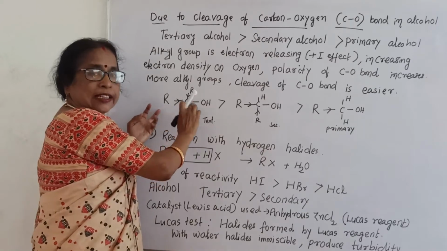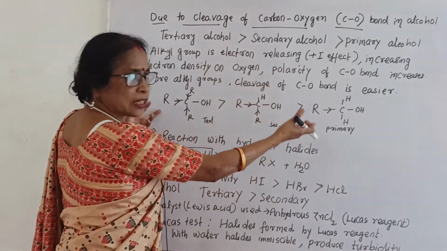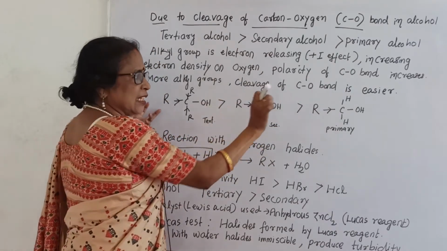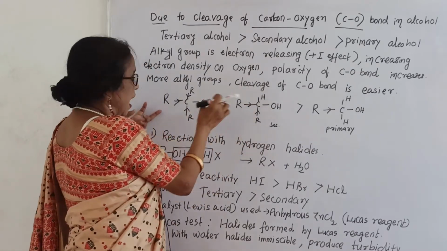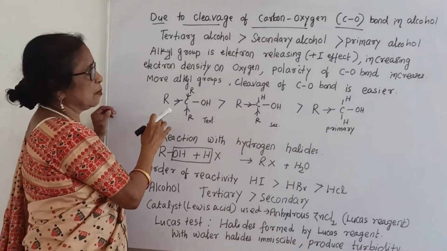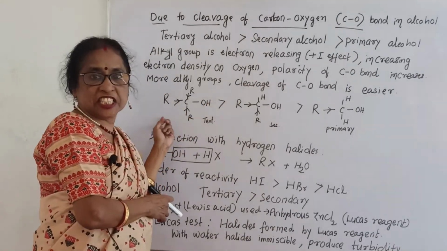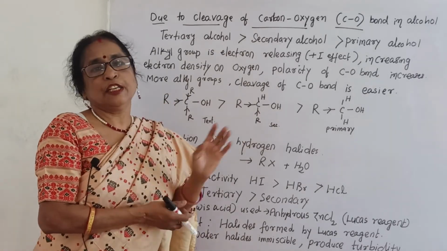That is why tertiary is more active than secondary, then primary. In primary there is only 1 R towards carbon, in secondary 2 alkyl groups, and here 3 alkyl groups towards carbon. That is why the cleavage of the carbon-oxygen bond is easier in tertiary, then secondary, then primary.